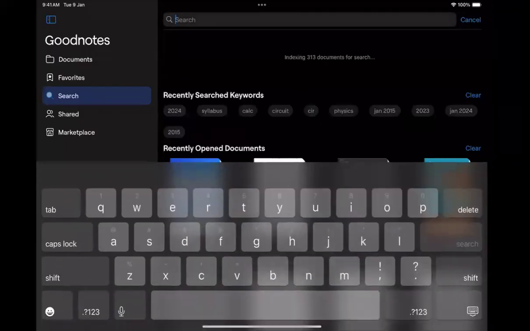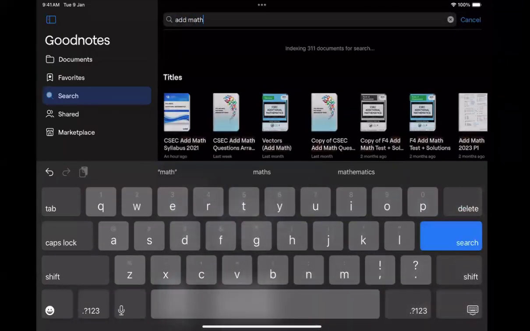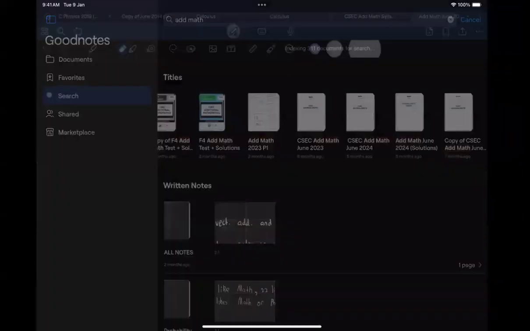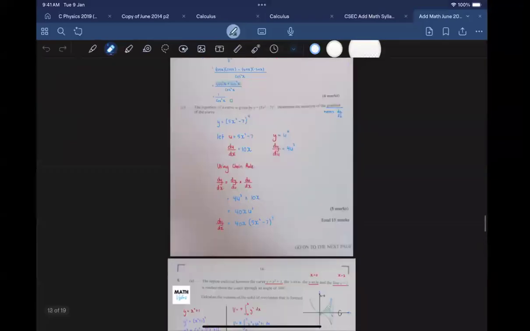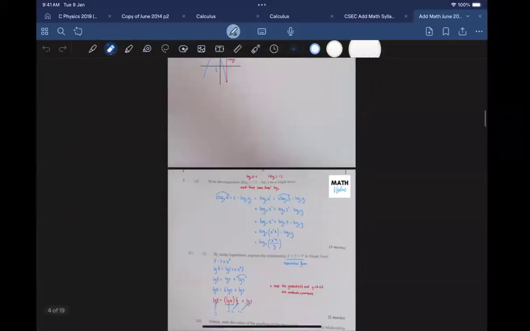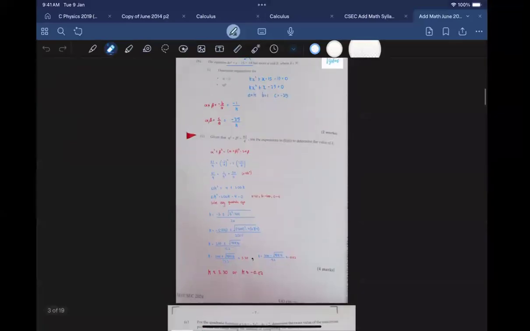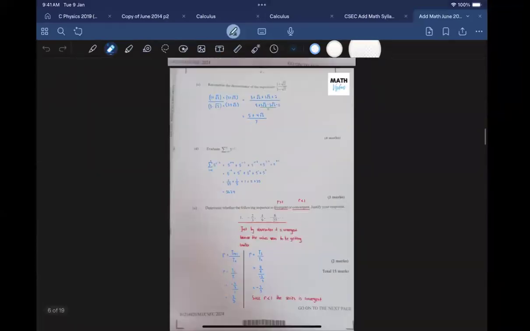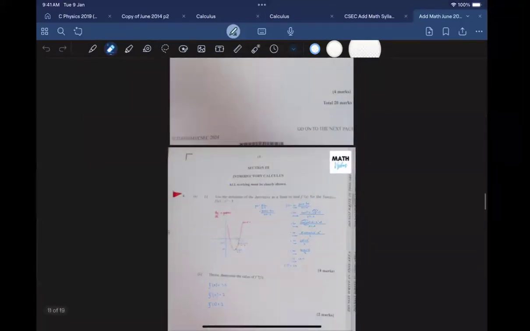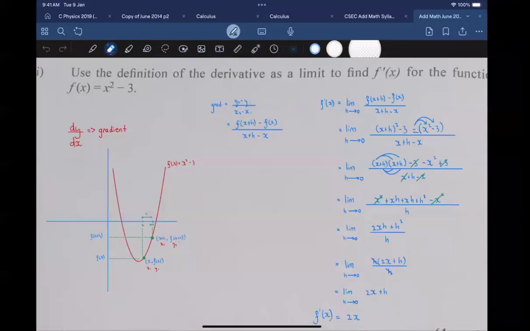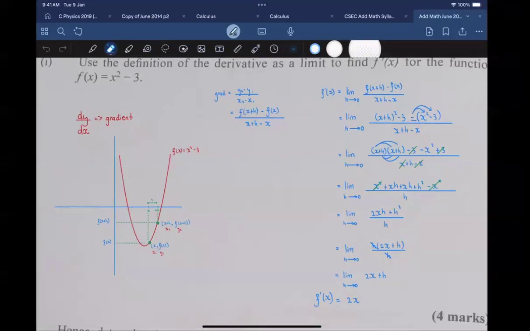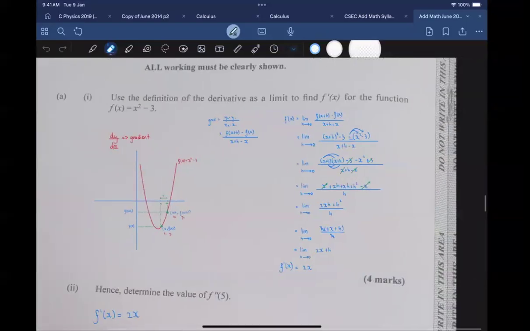Let me get out the maths. Watch. Use the definition of the derivative as a limit to find f prime x for the function f of x equals x squared minus 3.